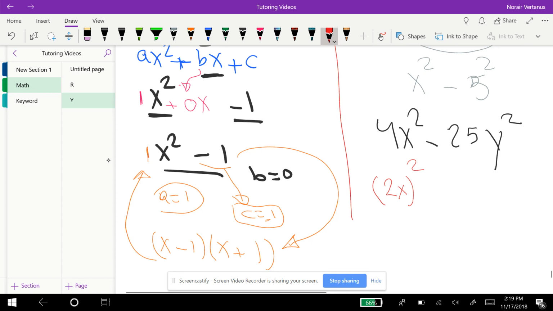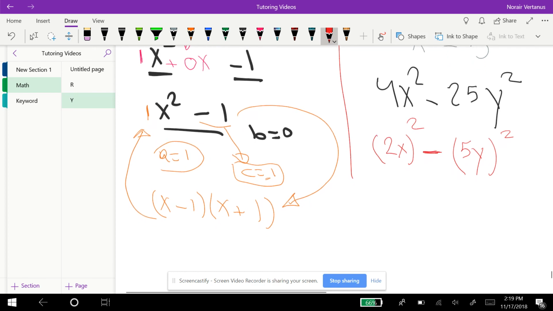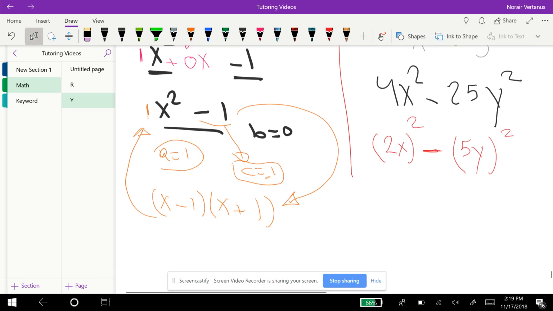And I can write the second term as 5y, all of that squared, because 5y times 5y is 25y squared. And there's a negative in between. So that's the difference of squares, and it can be written like this: 2x minus 5y times 2x plus 5y. So factored.